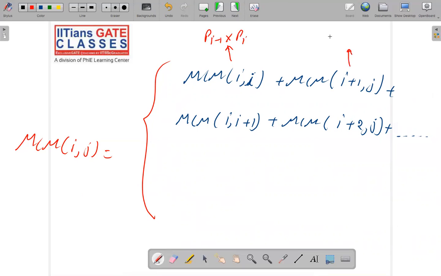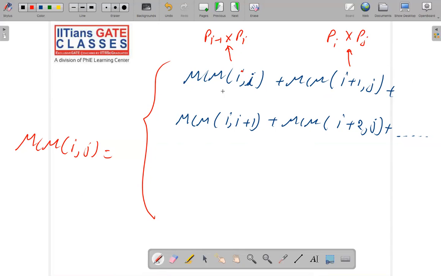This matrix dimension is Pi by Pj, because the last matrix here is Mj, and Mj's dimension is P(j-1) Pj. Here the matrix is Mi only. There is only one matrix, right?